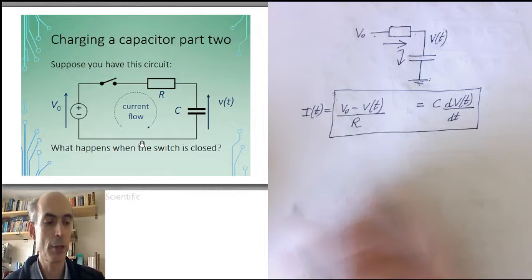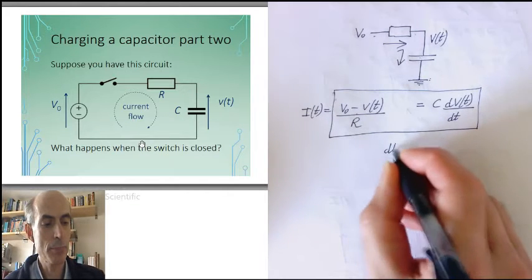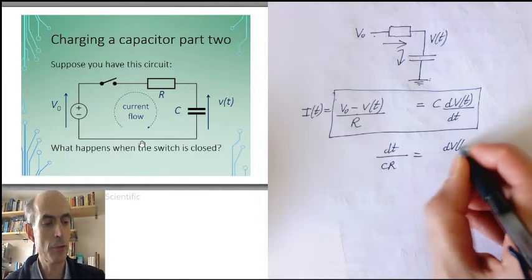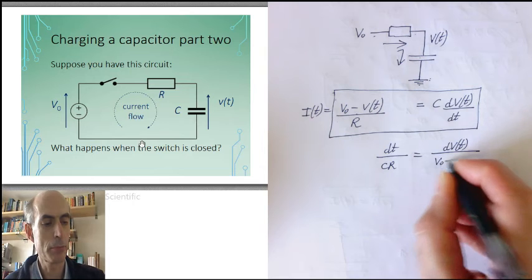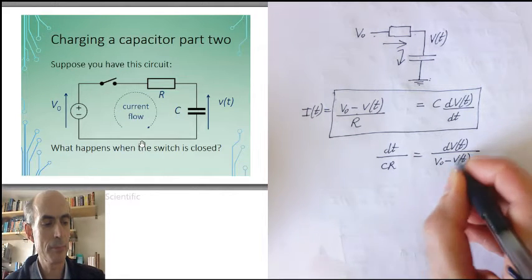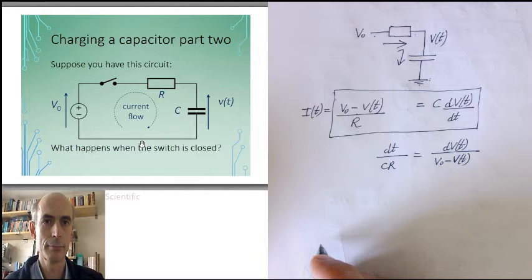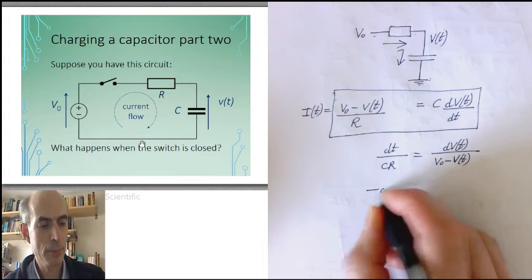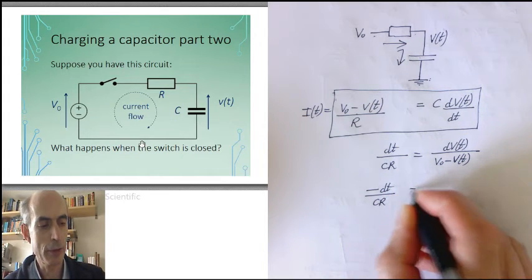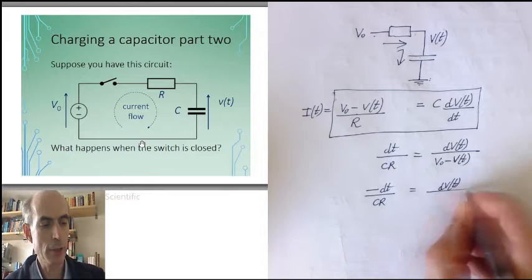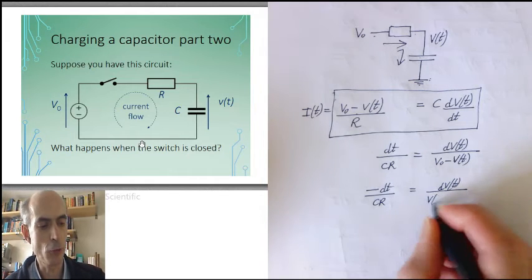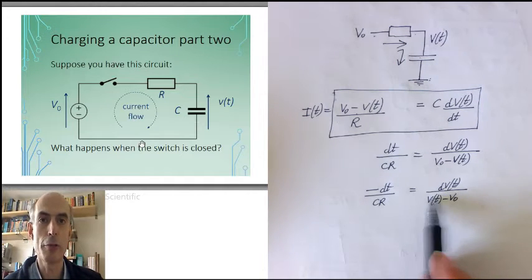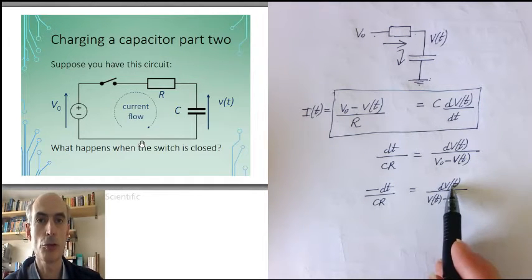And I can proceed in exactly the same way. dt over CR is equal to dV of t over V0 minus V of t. And the next thing I'm going to do is multiply both sides by -1. Because if I do that, I can write this right-hand side in this format, and notice that the differential of the bottom of this fraction is equal to what's on the top.